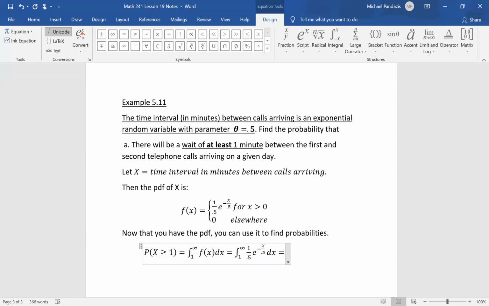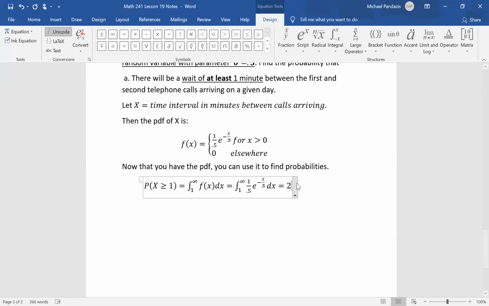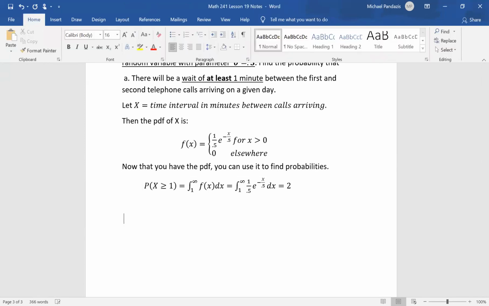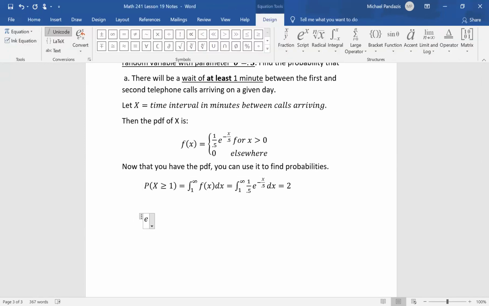Okay, and so now you integrate that. If you're integrating with respect to x, then you find an antiderivative of this. 1 over 0.5 is 1 over 1/2. That's 2. And then the antiderivative of e to the negative x over 1/2, right? Dividing by 1/2 is the same as multiplying by 2. That's the same as e to the negative 2x.